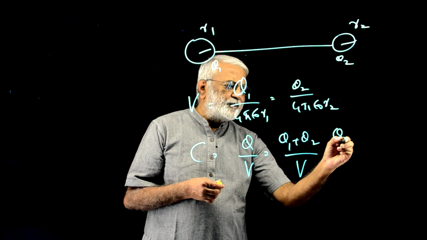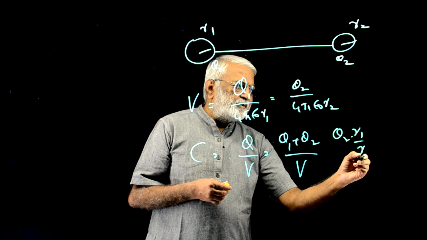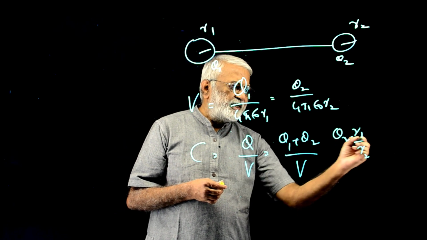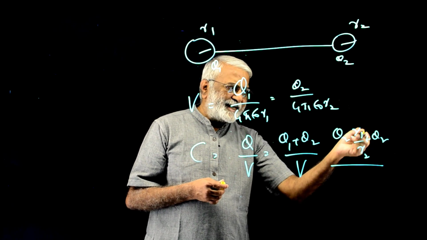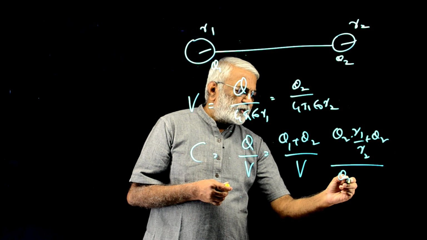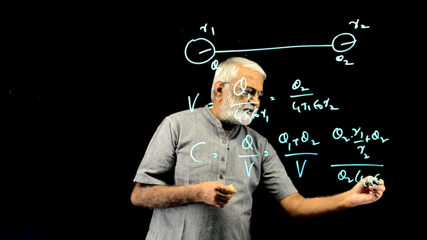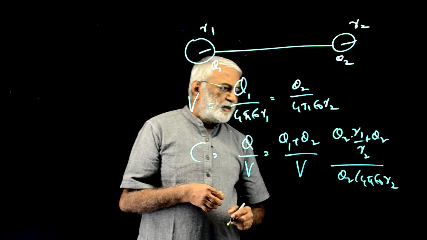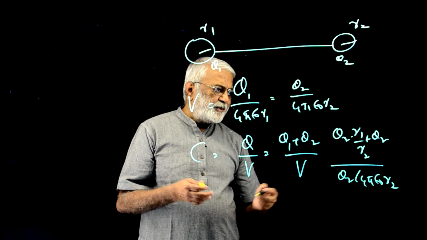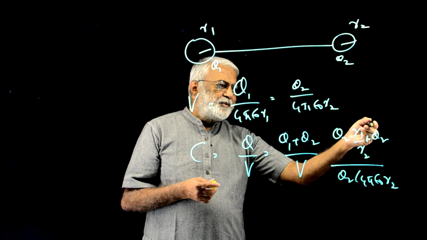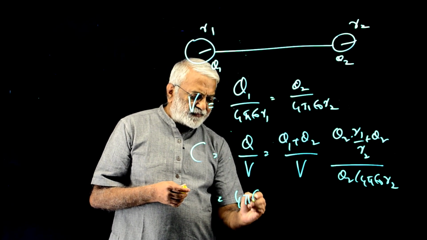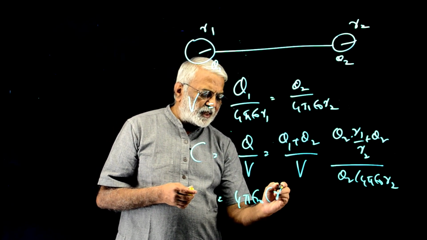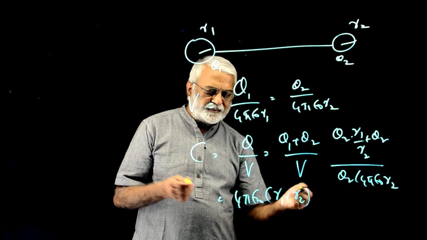So Q2 into R1 by R2 plus Q2, divided by potential V in terms of Q2. We won't cancel this Q2, Q2 by 4 pi epsilon 0 R2. So you would expect this to be R1 plus R2. You simplify this and you'll get 4 pi epsilon 0 into R1 plus R2.